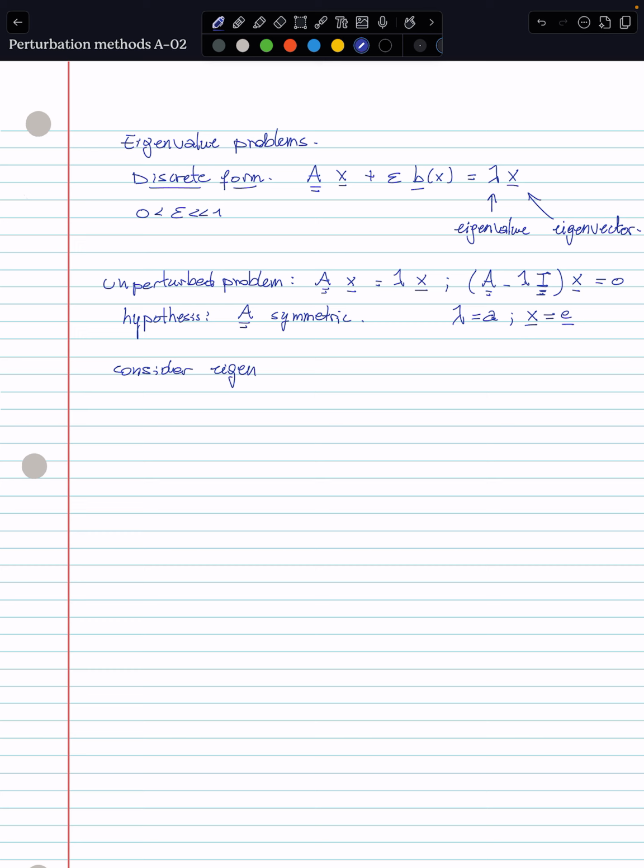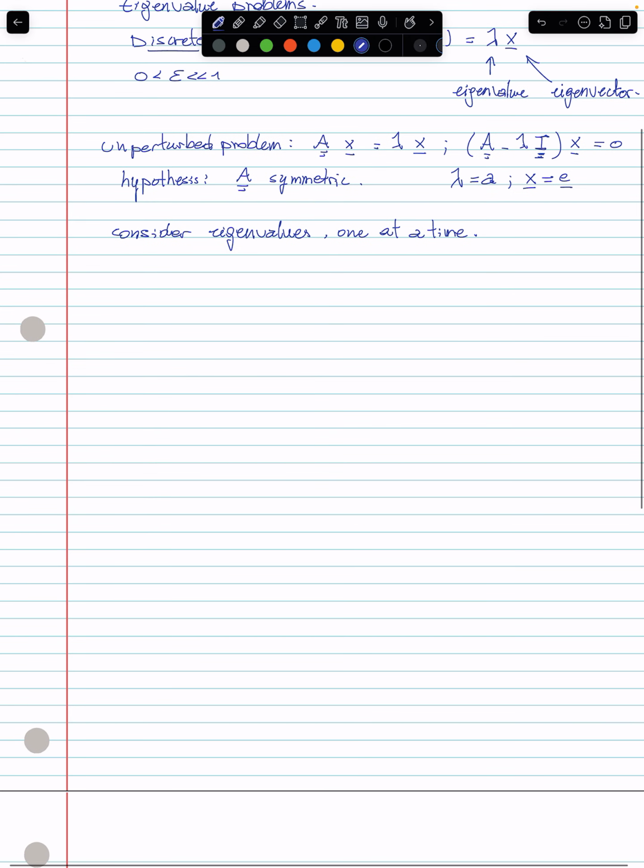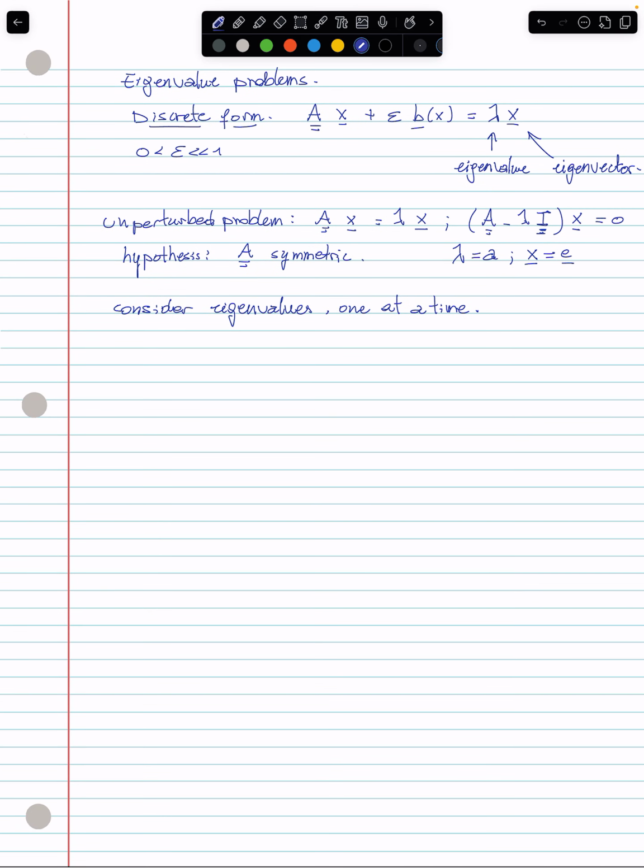So we consider eigenvalues one at a time. Meaning that if several of them are actually perturbed by the additive perturbation, we need to repeat this operation several times. But you will see that the derivation is quite generic, so it is only at the end that we have to repeat. So is it a regular or a singular problem?